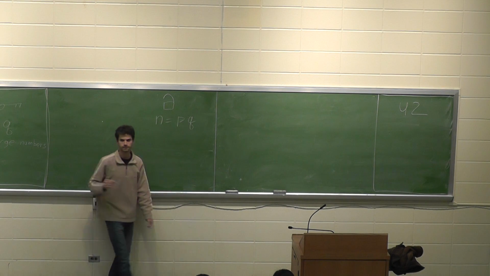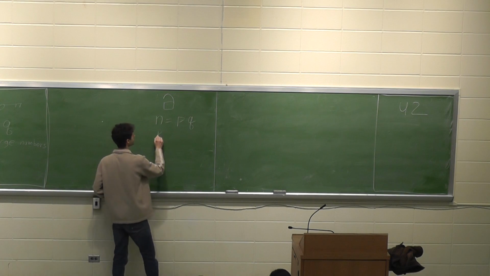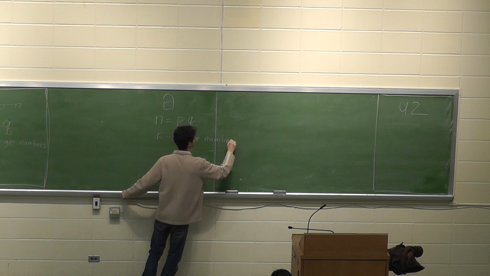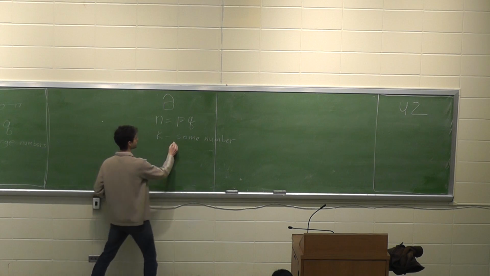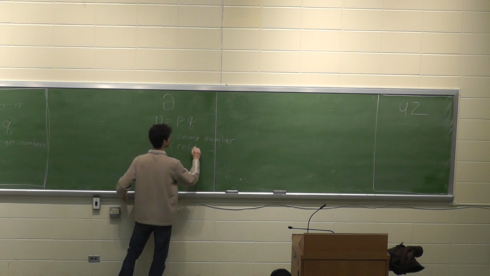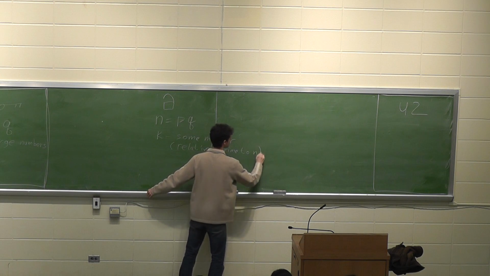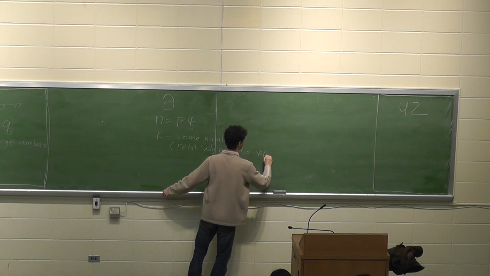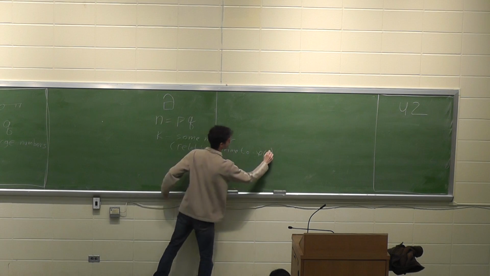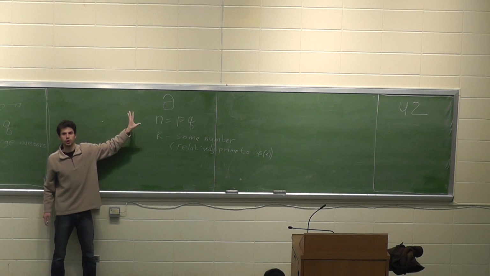Their product and some number k. Well, in fact, it is important that it is relatively prime to 5. So this information will be thrown out into the open as the lock.